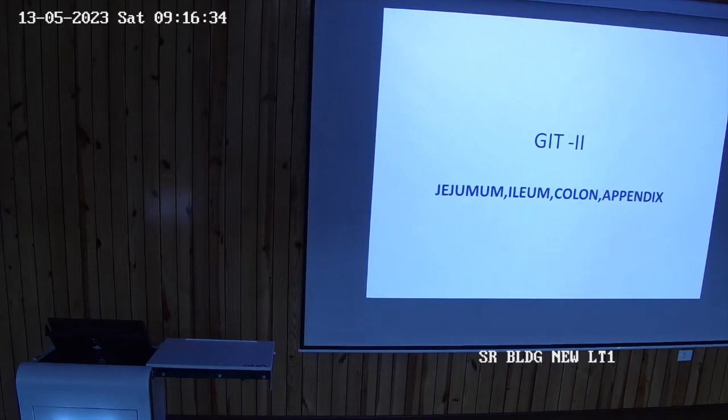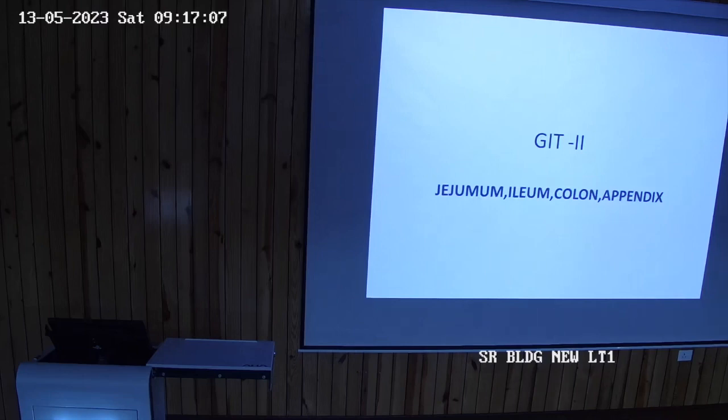Understand? One part of the mucous membrane is projecting outward, that is called villus, and the remaining part of the mucous membrane is going inward into the lamina propria. The part which invaginates into the lamina propria is called the crypts of Lieberkuhn.